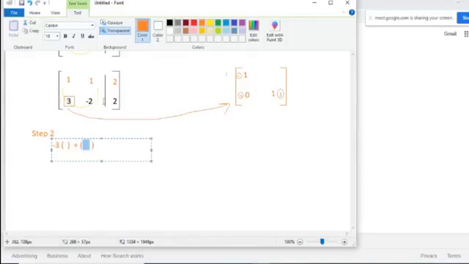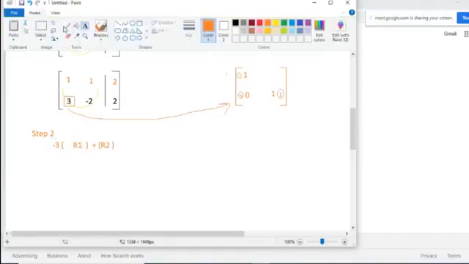This 3 lays in which line? R2. Then I write R2. What should I write inside the second bracket? Above the 3, I have 1, and this one lays in R1. Then I put here R1 directly. Correct, the operation is finished. Remember to put 2 dashes below this one to remind yourself.